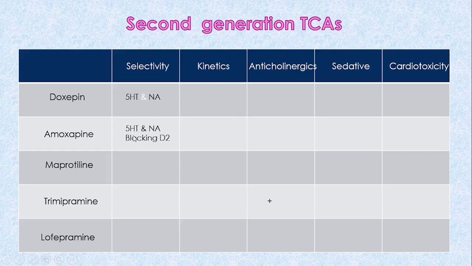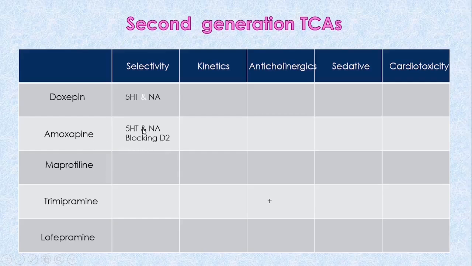Amoxapine is non-selective in blocking the monoamines, and, very characteristic for amoxapine, it can also block D2 receptors, and as we have said before, blocking dopamine type 2 receptors will result in an antipsychotic effect.